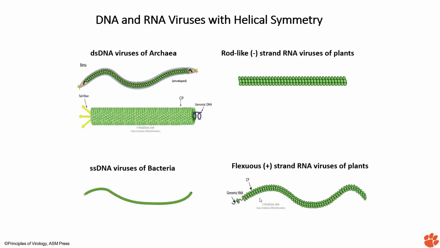So here is a very interesting part. These are some examples, again, of the DNA and RNA viruses with the helical symmetry. And again, you do not have to memorize those, but the take-home message is that for archaeal viruses, bacterial viruses, and plant viruses, there are many examples where the viruses are with helical symmetry, and they could be naked as well as enveloped.